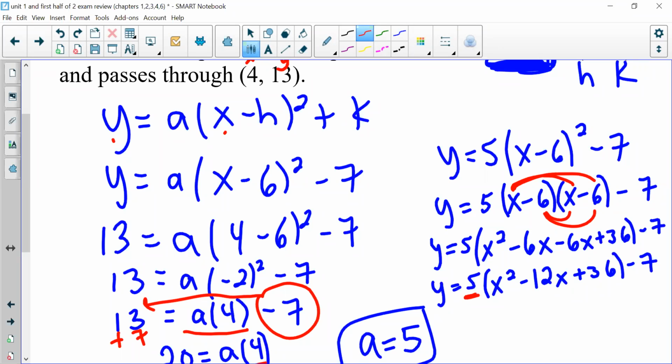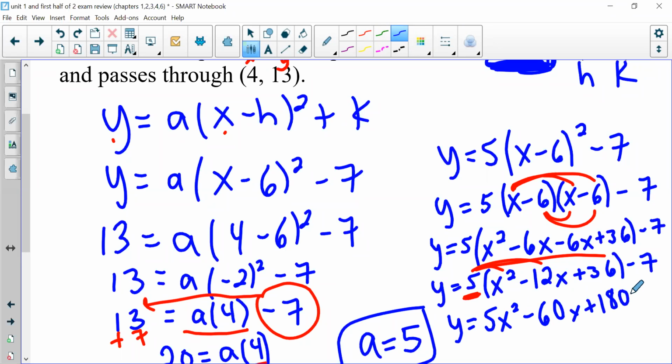I'm going to continue with BEDMAS now that I've done the FOIL. What am I going to do next? Multiply everything by 5. Perfect. I'm going to worry about that -7 at the very end. So I get 5x squared minus 60x plus 180, I believe, minus 7. Let me just check that really quickly.